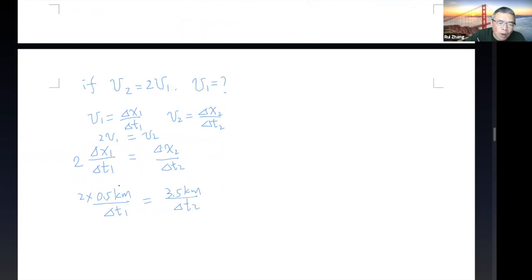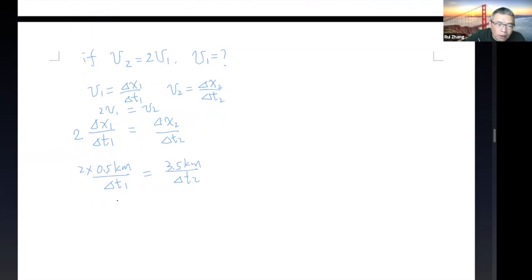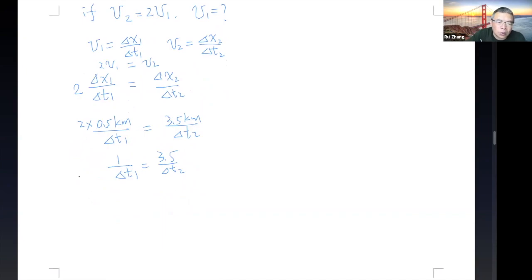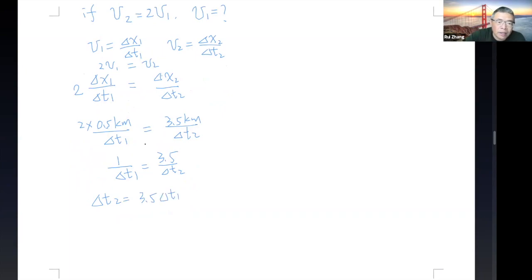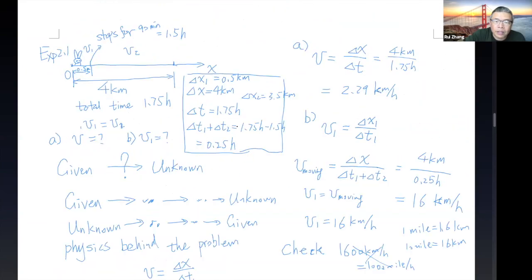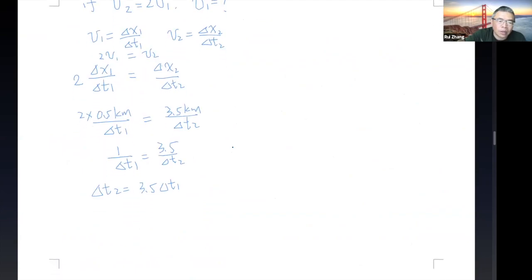So this becomes 1 kilometer. So 1 divided by delta t1 equals 3.5 divided by delta t2. From there, you can see that delta t2 equals 3.5 delta t1. But you also know what is given here is the sum of the two, equal to 0.25 hour. So from there, you can solve for delta t1.